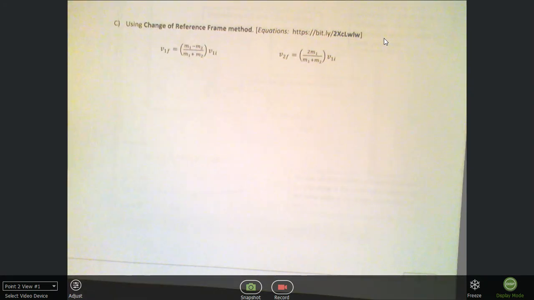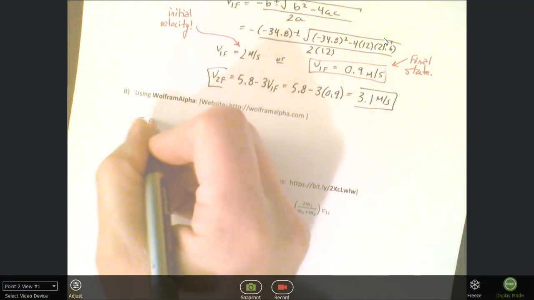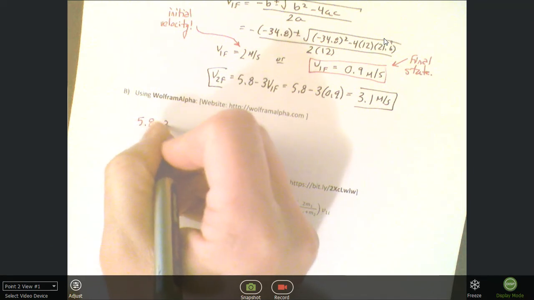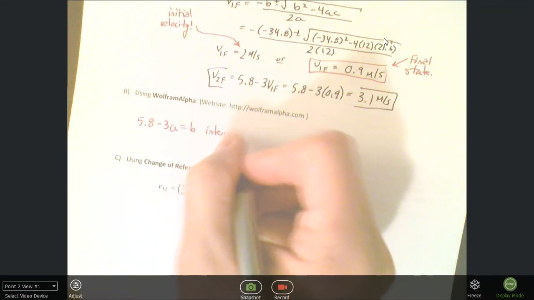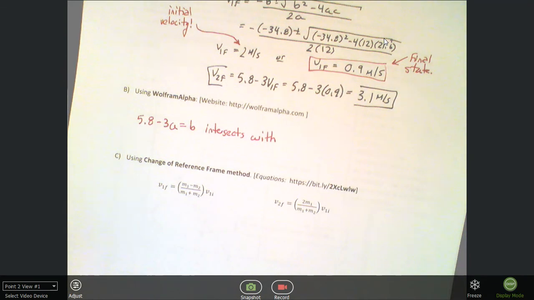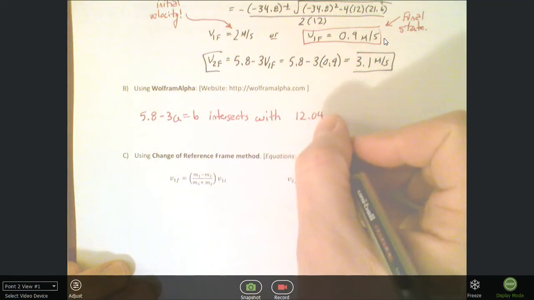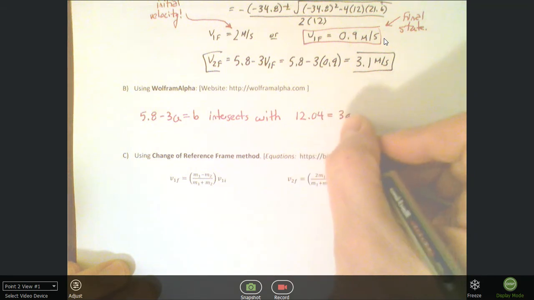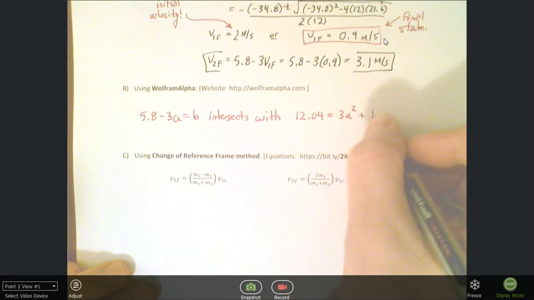So on your sheet, if you want, you can write what we did. You can write down that we wrote down 5.8 minus 3A equals B intersects with, and I think we wrote here 12.04 equals 3A squared plus B squared.